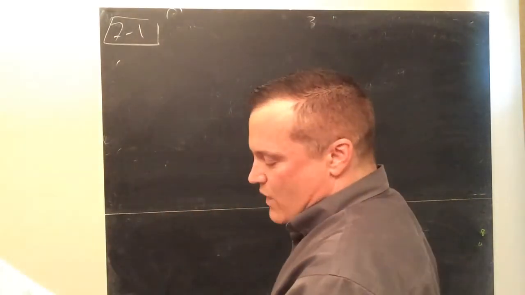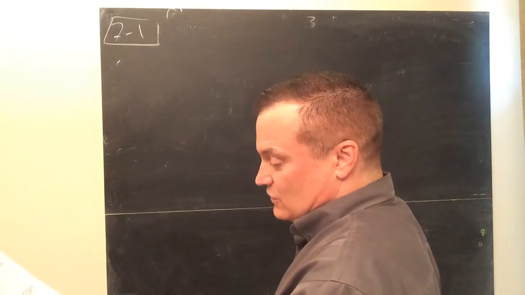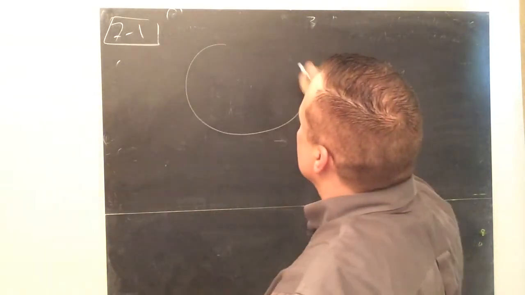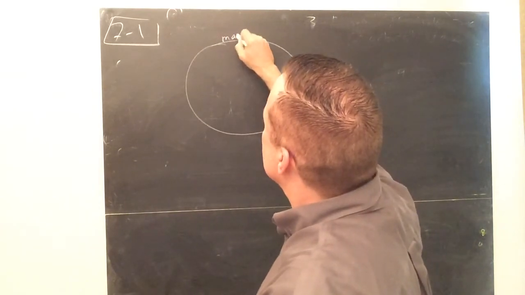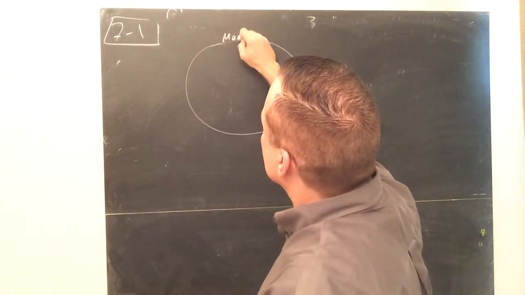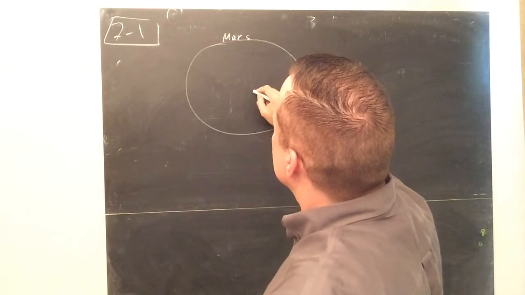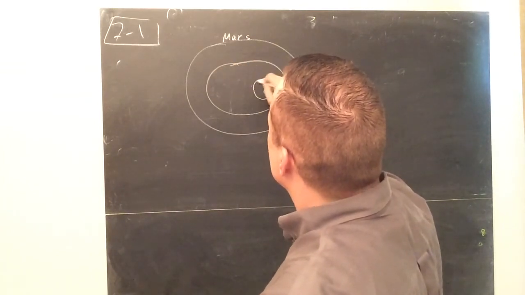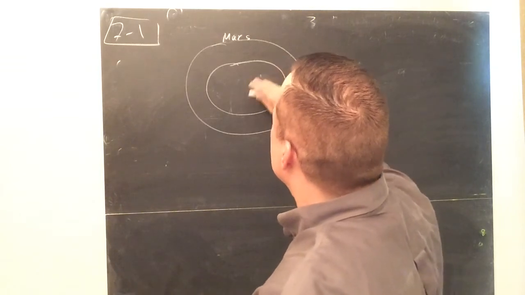Mars has an orbital radius around the sun 1.53 times that of the Earth's orbital radius. Okay, so let's do this. Let's put Mars here, and let's put the Earth here, and the sun right there. Well, I should put them in the middle.